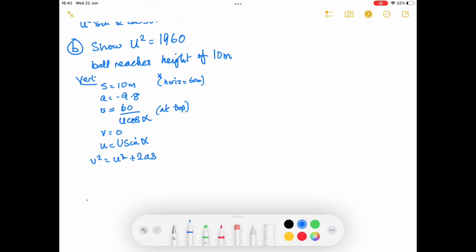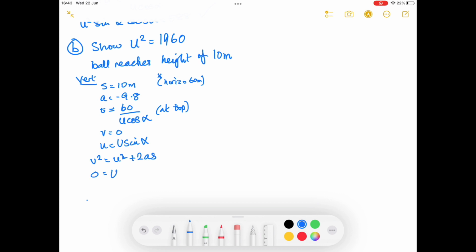So plug the values in. v squared is going to be 0, u squared is going to be u squared sine squared alpha, right?